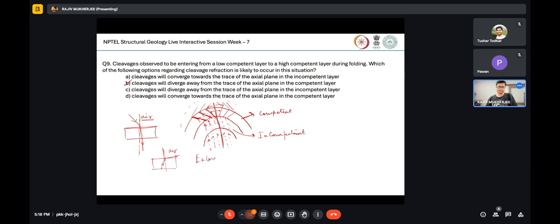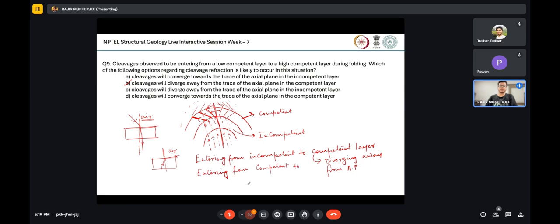So entering from incompetent to competent layer, in this case, diverging away from axial plane, and entering from competent to incompetent, this will produce converging towards axial plane.